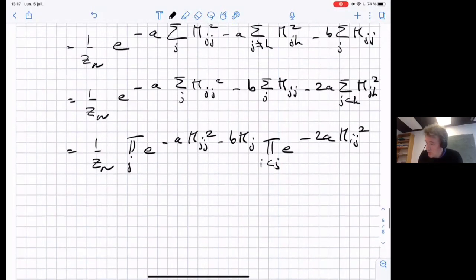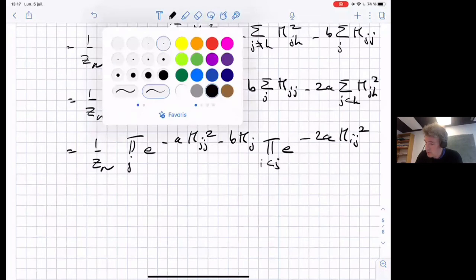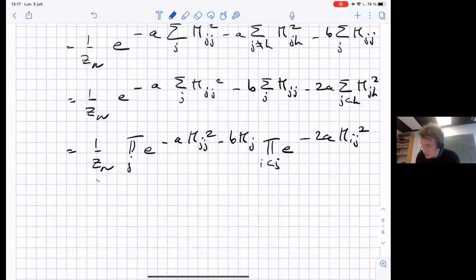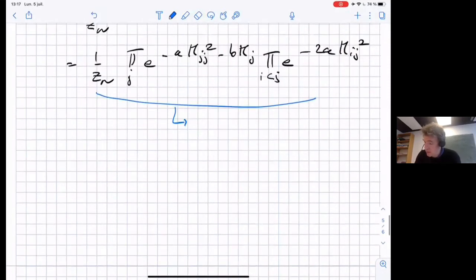And this is exactly of the Wigner form. So that tells you that this matrix belongs to A.